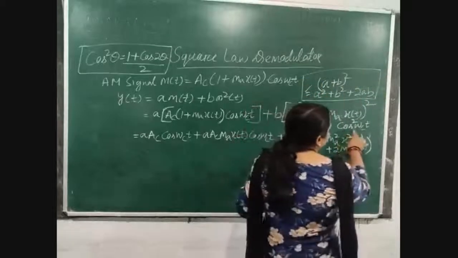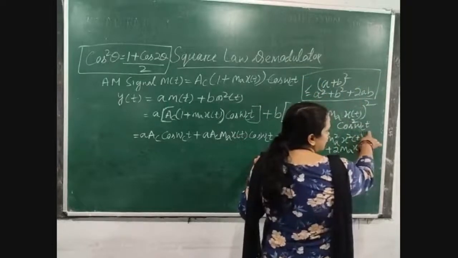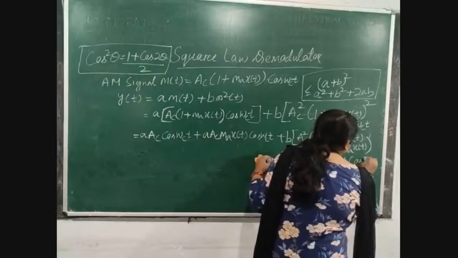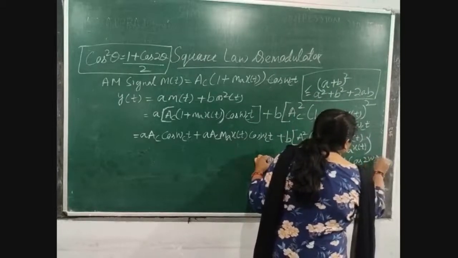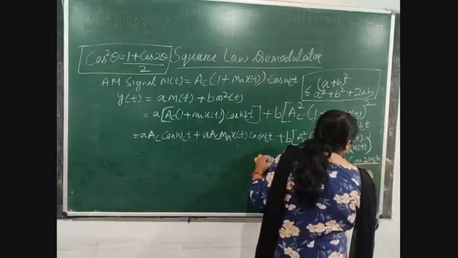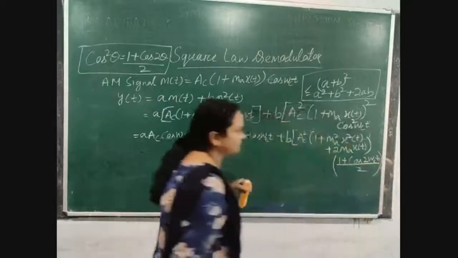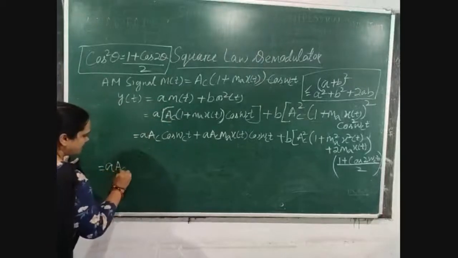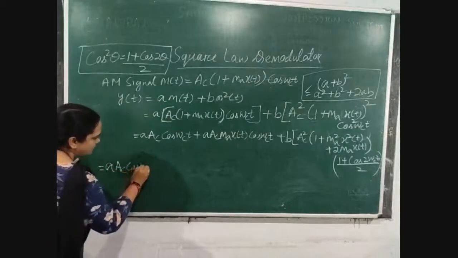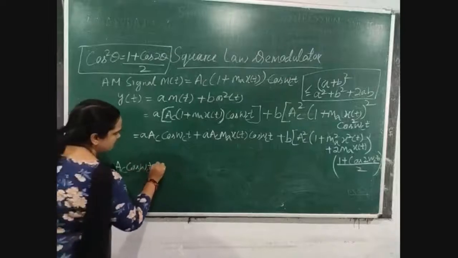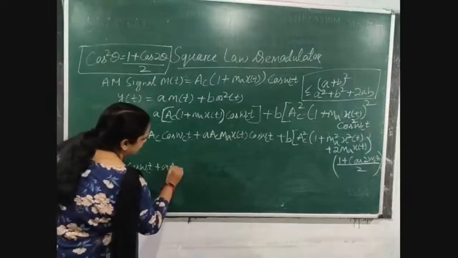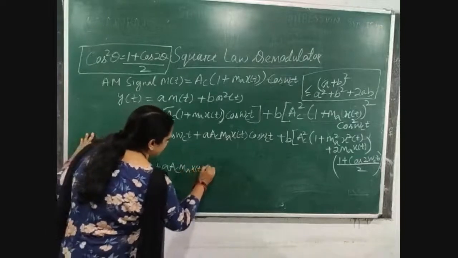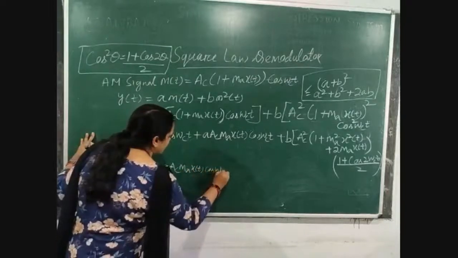So cos square theta means omega c t, so 1 plus cos 2 omega c t by 2. a Ac cos omega c t plus a Ac ma x of t cos omega c t.